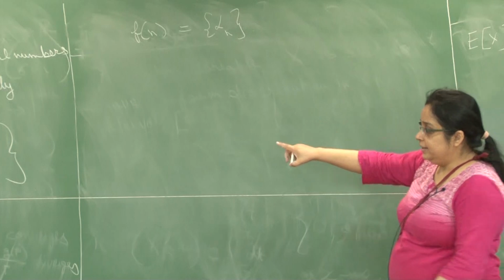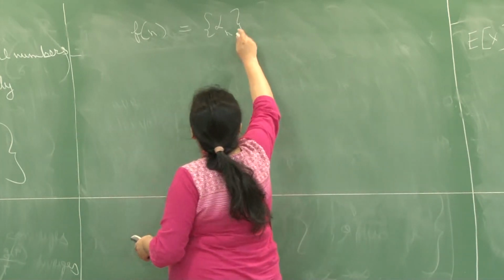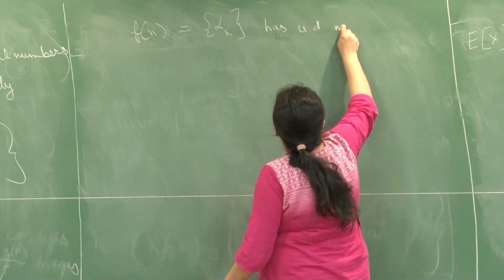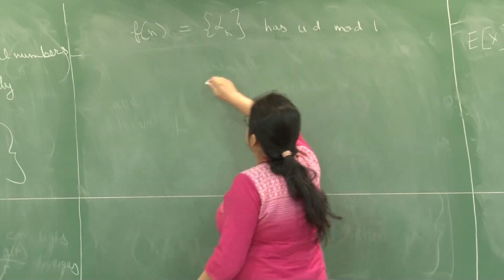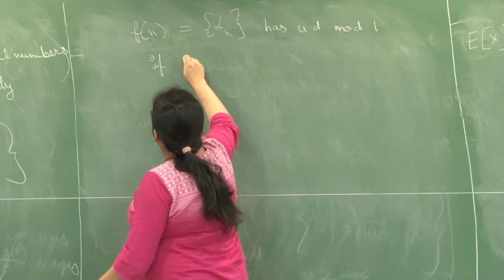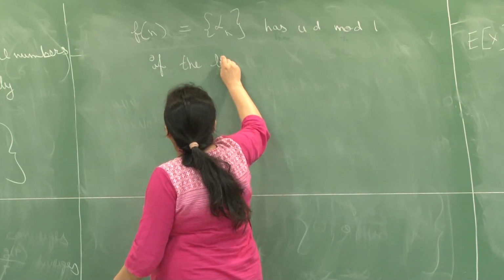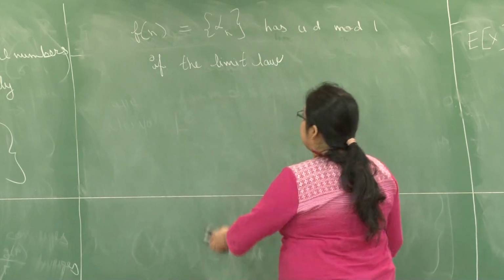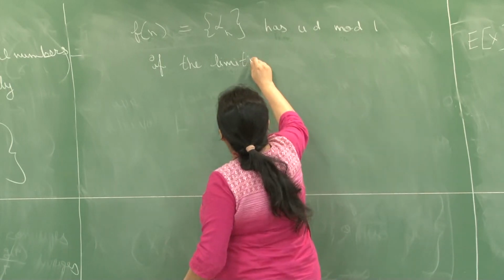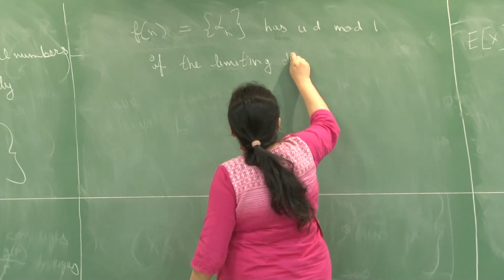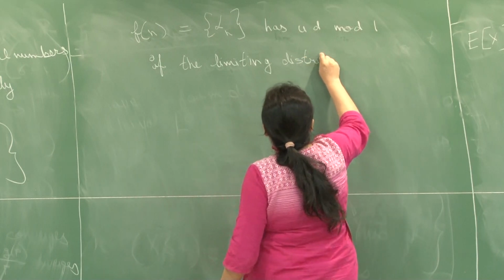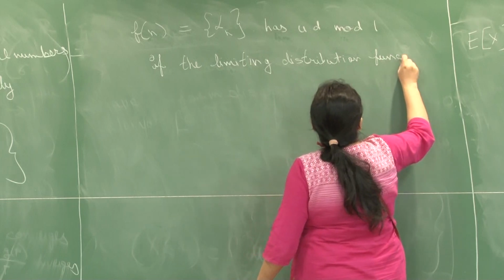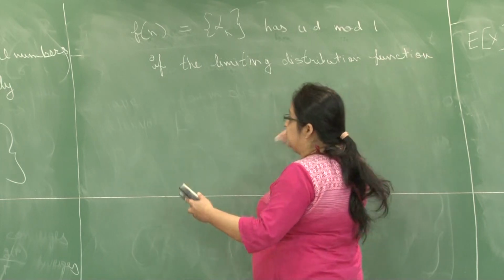And we say that this has uniform distribution mod 1 if the limit law, or the limiting distribution function, is the uniform distribution.